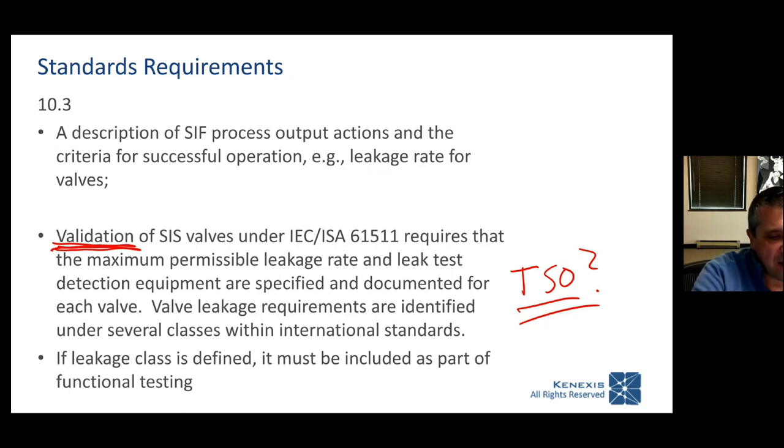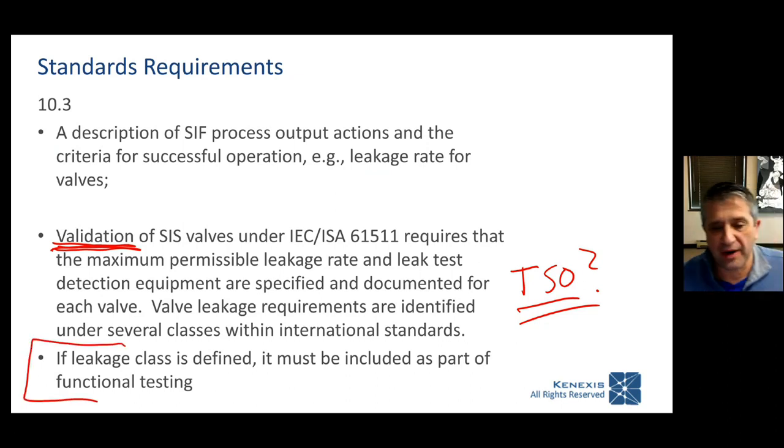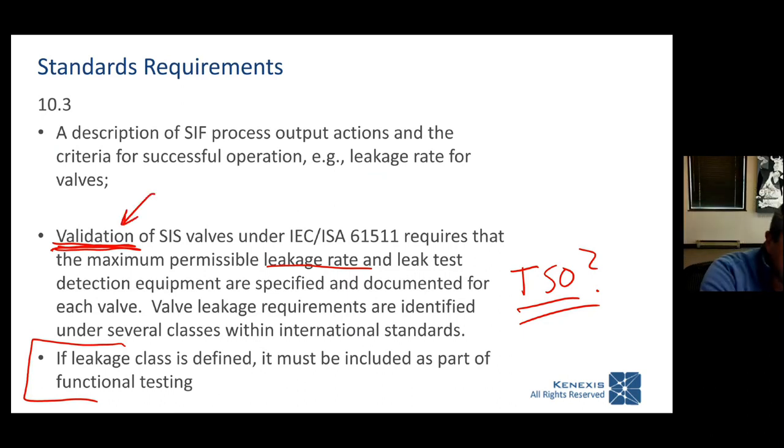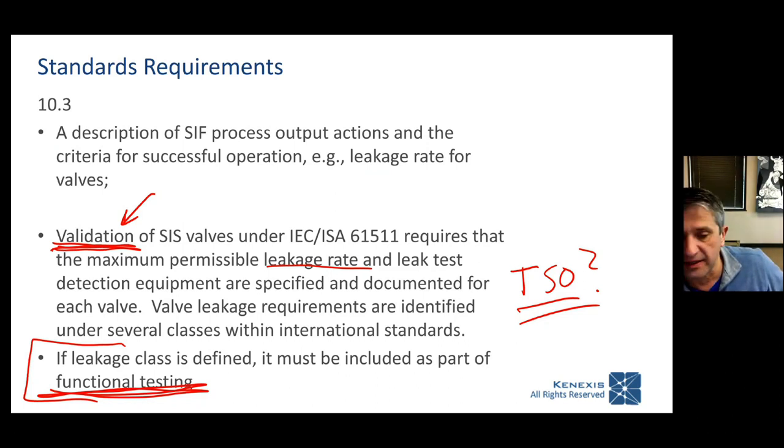Now, if a leakage rate or a valve leakage class has been defined in the SRS, not only do you need to check that during validation, you're going to need to check it every time you do a functional test of that safety instrumented function. Wow, that sounds like a lot of work. So let's say you have an annual test of the valve.